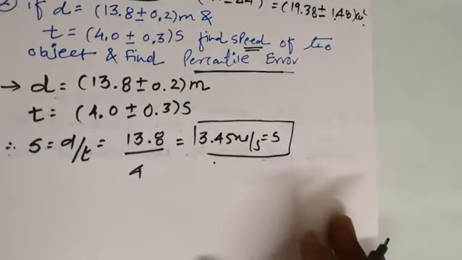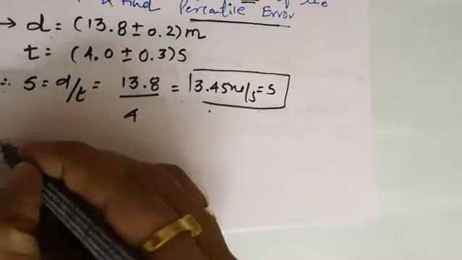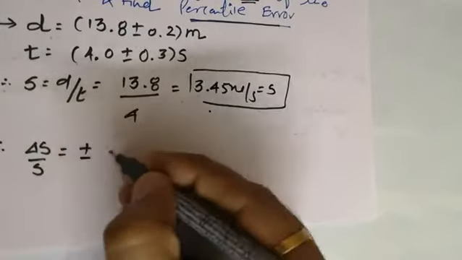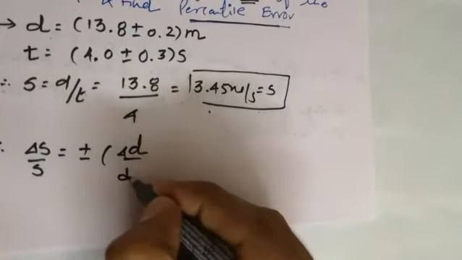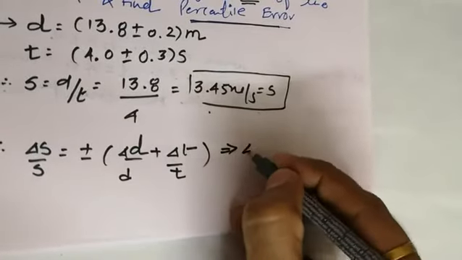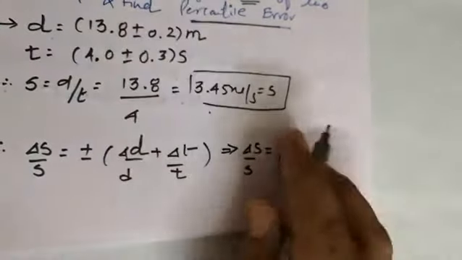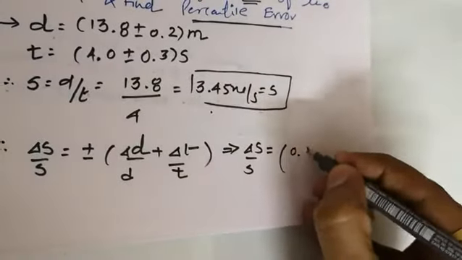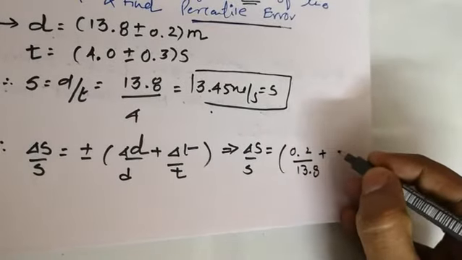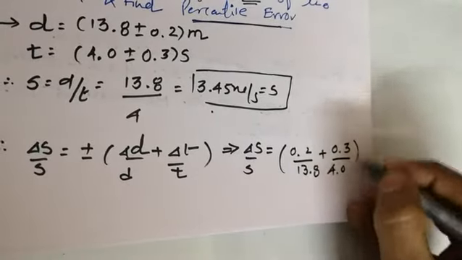Now I want to find delta S by S, which equals plus or minus delta D by D plus delta T by T. From the data, that is 0.2 divided by 13.8 plus 0.3 divided by 4.0.